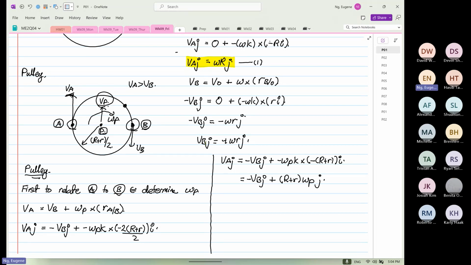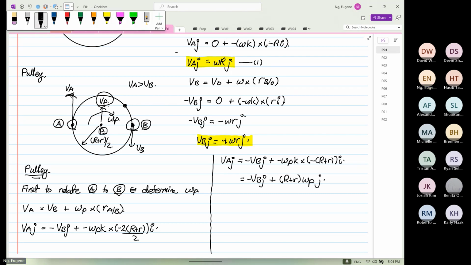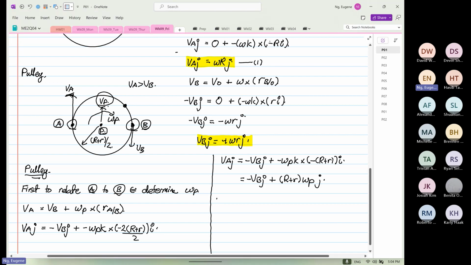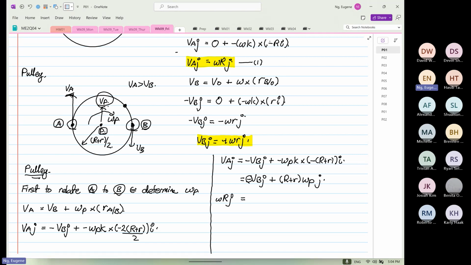And we are aware that VBJ is equal to omega RJ, okay? So now once we put this in, VA is equal to omega Rj. VB is equal to, because there's a minus down here, you have to consider minus omega R small j plus R plus R omega Pj.